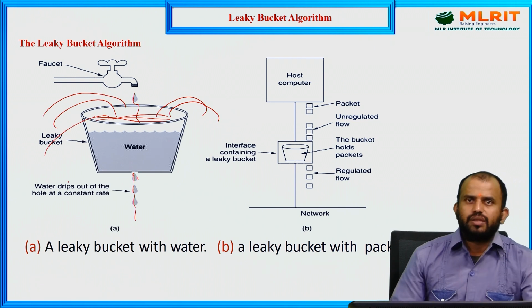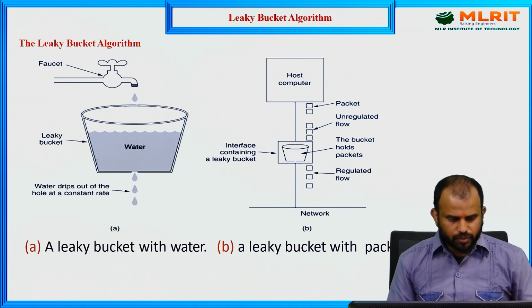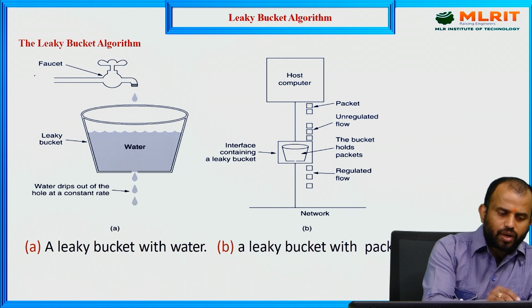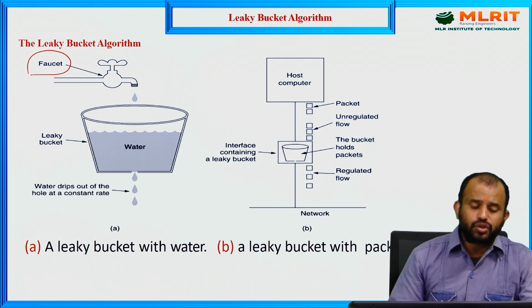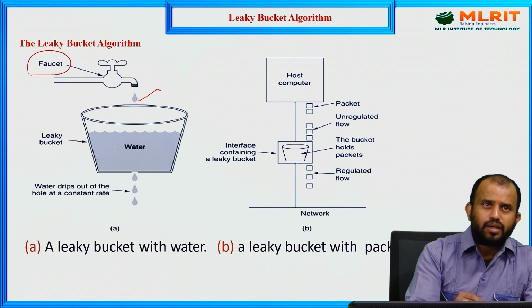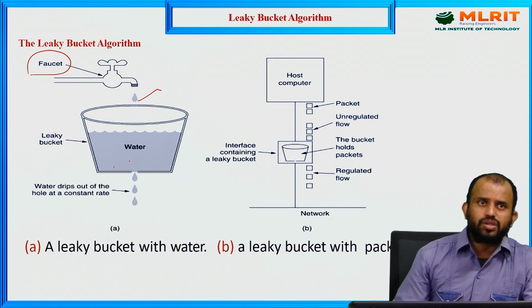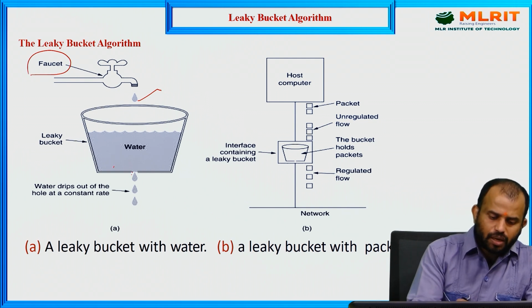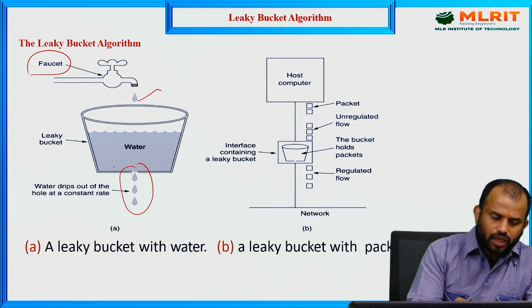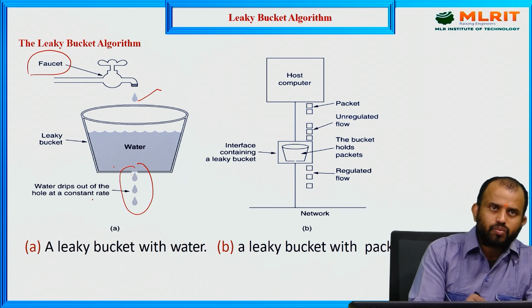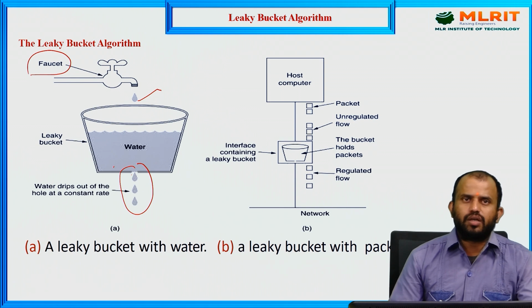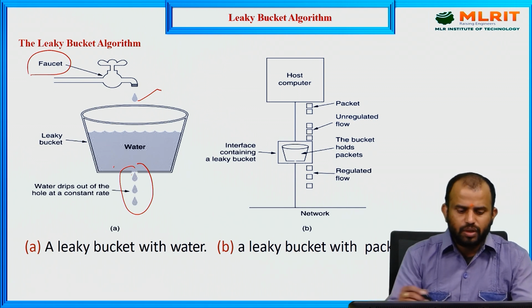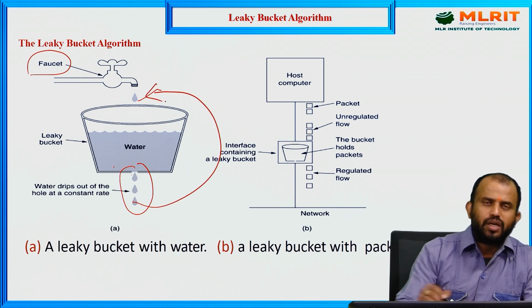In the leaky bucket algorithm, the information arrival rate may be very slow, and here we have to maintain a bucket structure. Based upon the bucket, there is some leakage, and the water drips out of the same hole at a constant data rate. We have to maintain a constant data rate value, suitable for the incoming flow value.